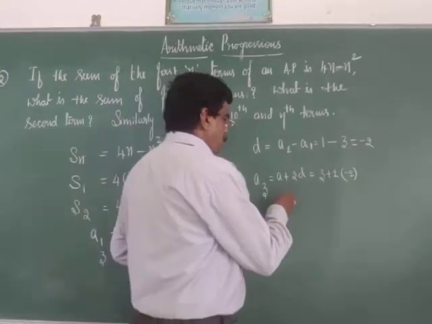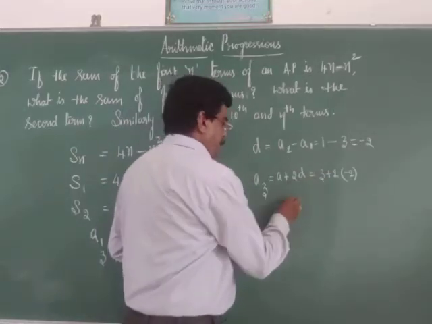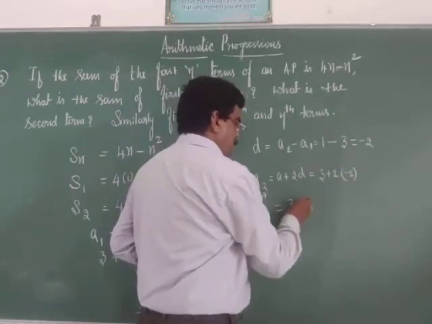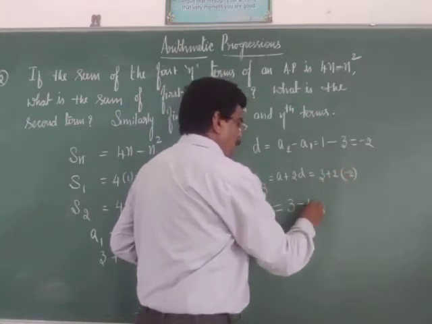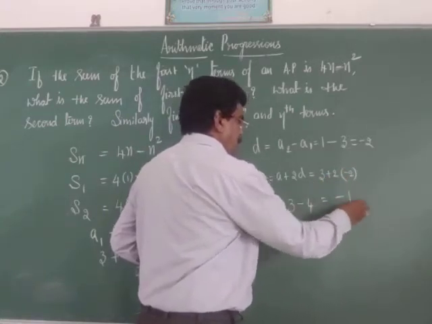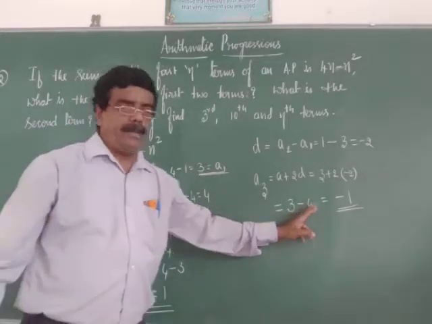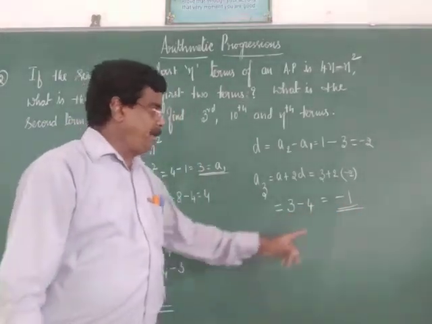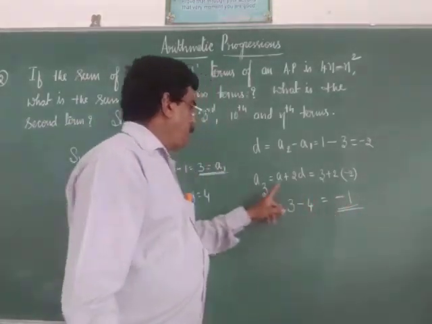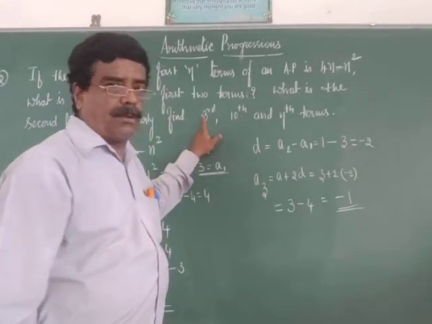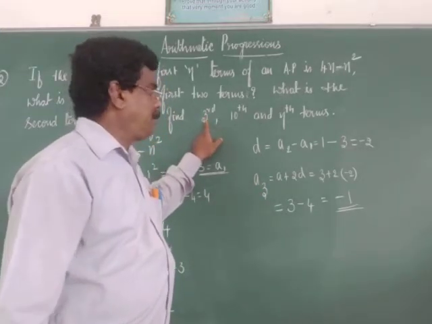So if you substitute, 3 will be as it is, plus into minus, minus 2 into 2 is 4, which is nothing but minus 1, because 3 minus 4 means minus 1. So minus 1 is the third term, since the question asked for the third term.